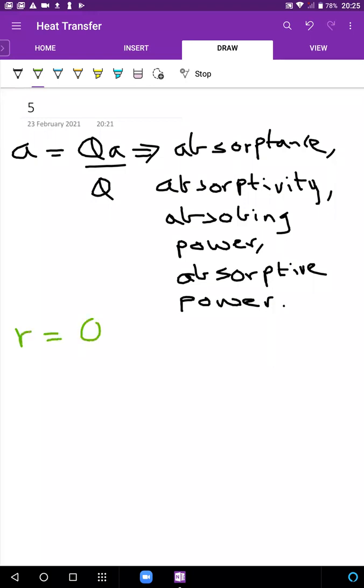Similarly, for this, you can also have the same sort of name. So I'm just writing the common ones now. This is reflectance. Okay, absorptance की तरह reflectance या reflecting power.